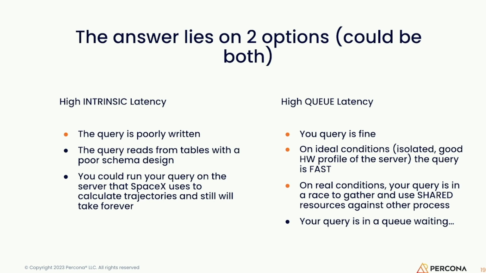Some examples. On MySQL, InnoDB row lock waits, right? The query needs to access a row, but that row is being accessed by another transaction that acquired the lock before. So it has to wait. It has nothing to do with the query. It just has to wait. So that will be the queue latency.